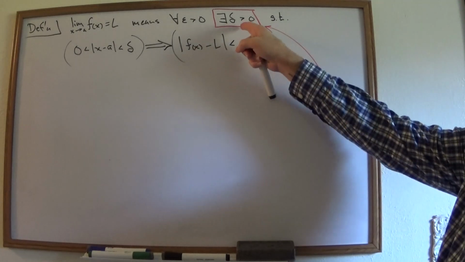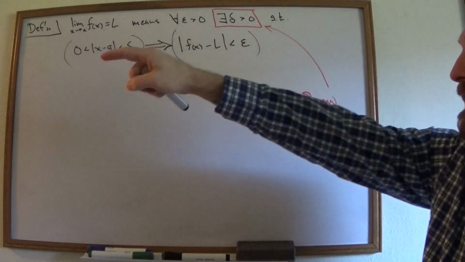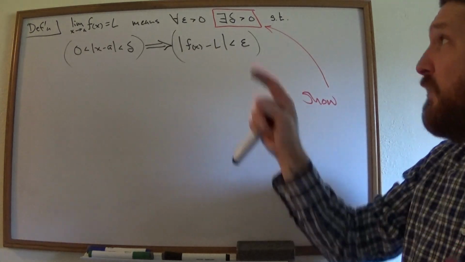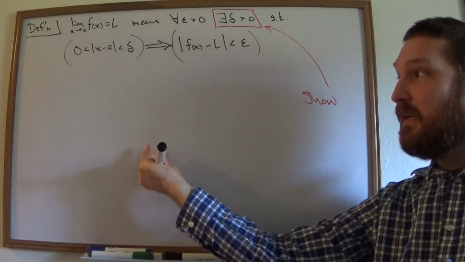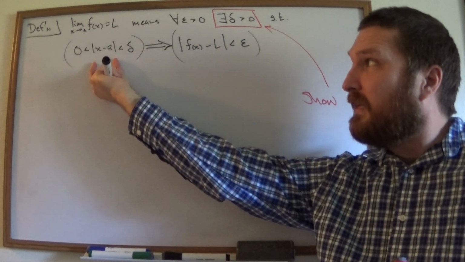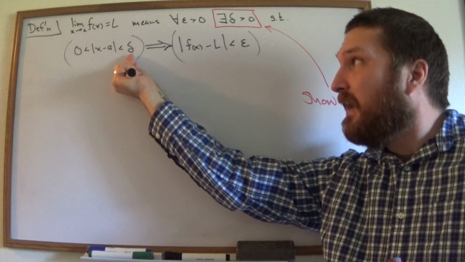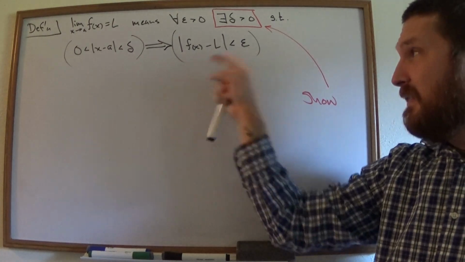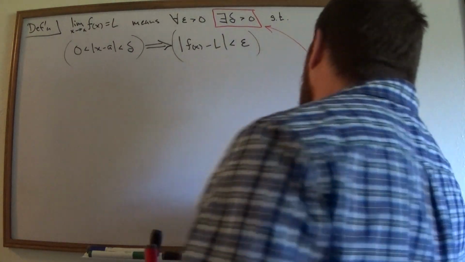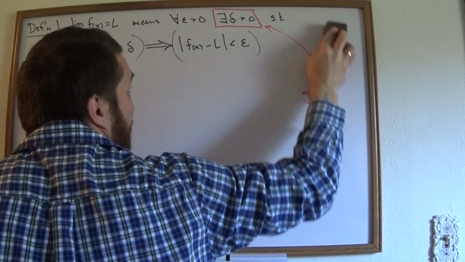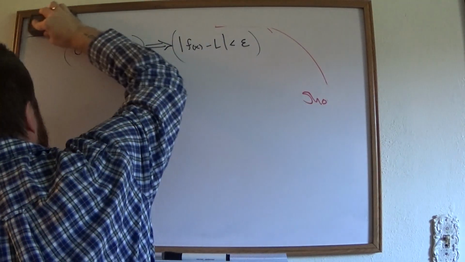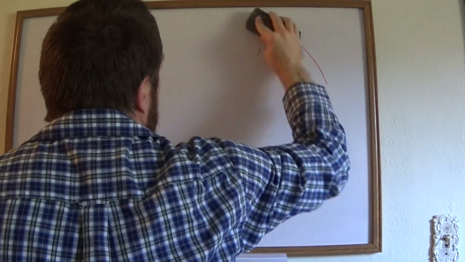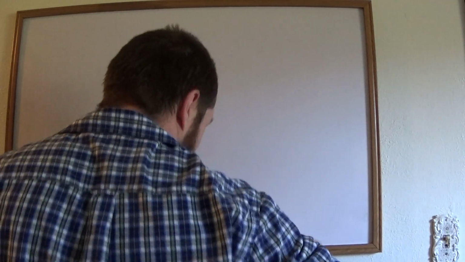But really, that's the key right there. You give me any tolerance, can I show that there is another corresponding tolerance so that when my inputs are within that of that, then we get the result? Everybody got it? Yep. Can I erase it? Yes. Okay, you're never going to see it again. But you'll see it on a quiz.